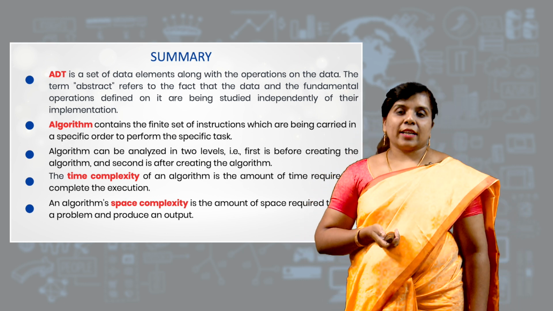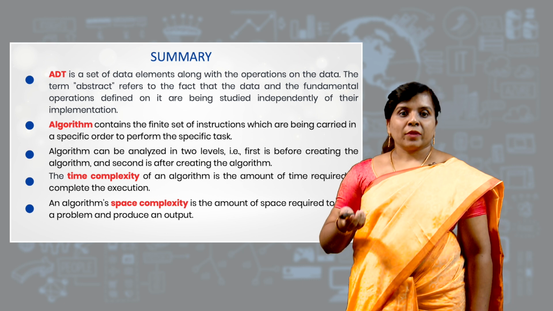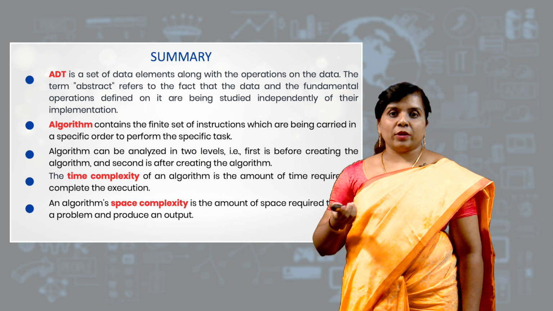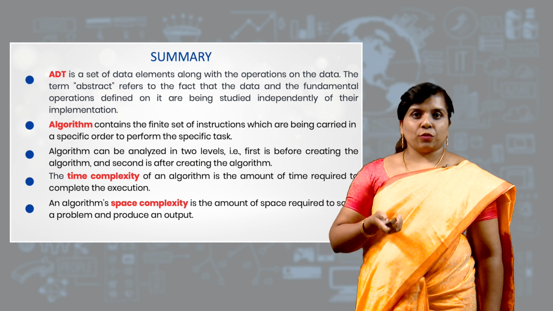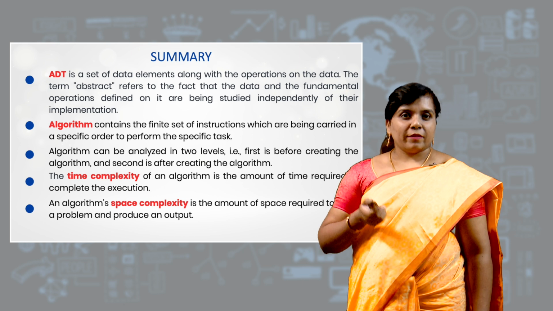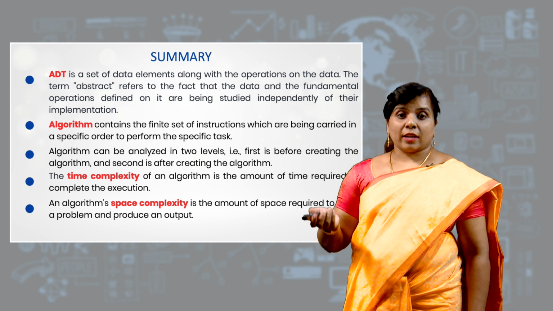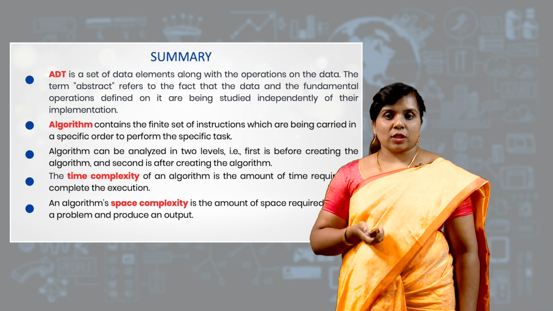So, it says that algorithm is a step by step procedure to solve a problem, and algorithm may adopt different approaches, like it could be brute force, randomized, it could be divide and conquer, or it could be branch and bound. There are different algorithmic approaches, and you could develop algorithms following any of those approaches.